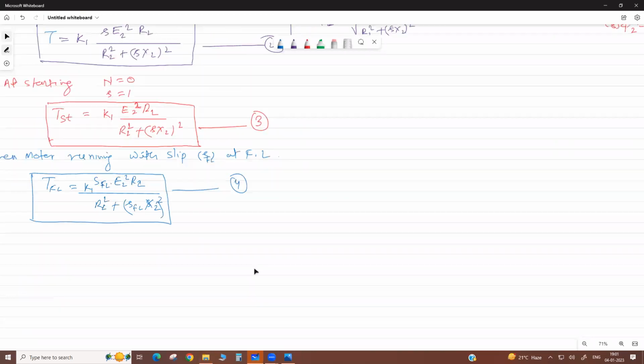Now, as you know, we can calculate this torque also from the rotor input or gross mechanical power, the rotor input or air gap power.